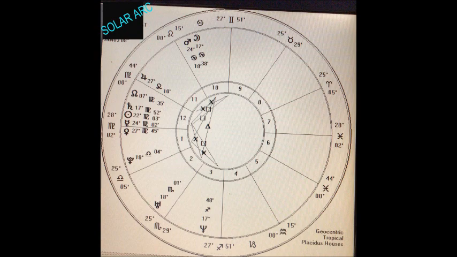Its average daily movement is a few seconds below 1 minute, and we call this difference the arc. That's when we refer to the major arc. And we're directing or progressing the chart by day for a year.